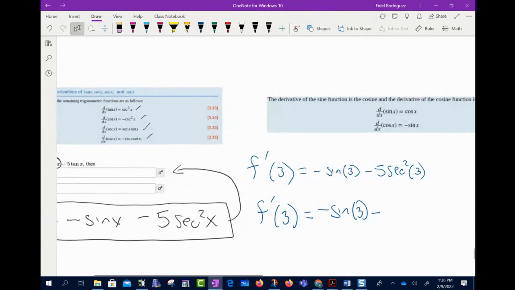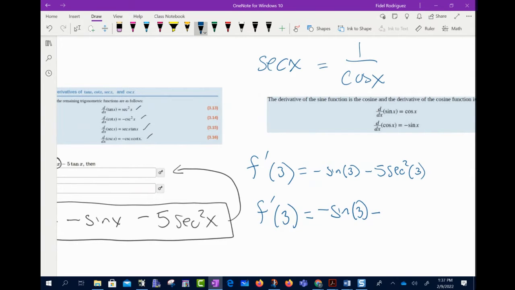Now, my question to you is, does anybody remember the relationship between secant x and cosine x? How can I write secant as something with a cosine? Does anybody remember? Say it again? Well, it's 1 over cosine x.